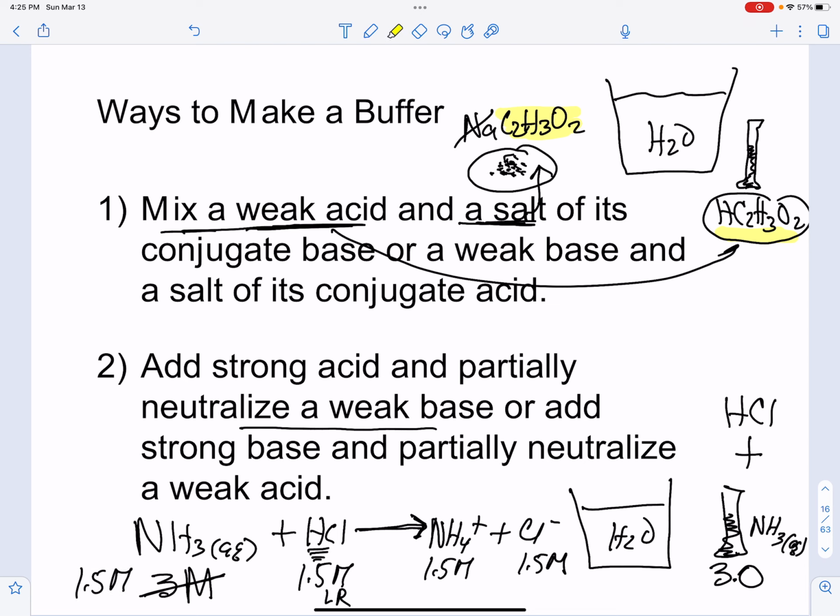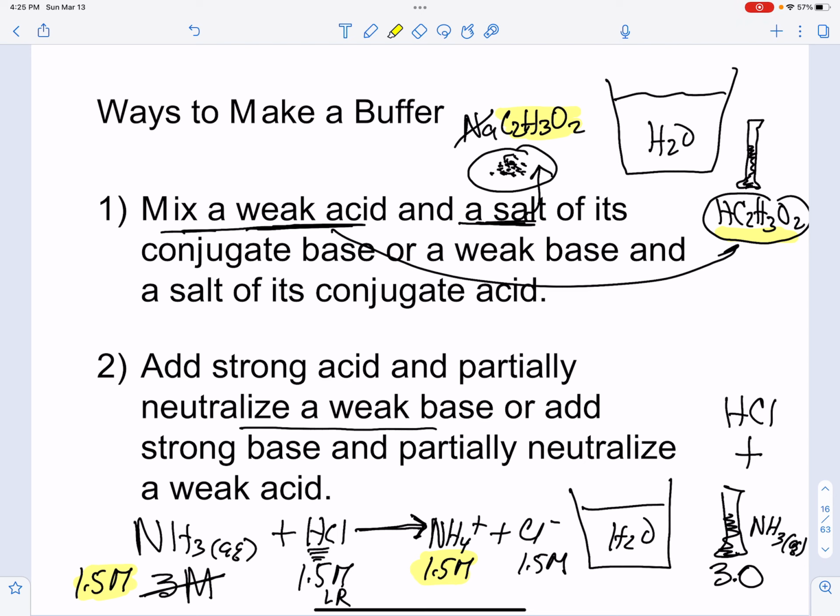So you're going to have your base and your conjugate acid in equal amounts, and both of them are present, so you just built a buffer system. You can do the same with a weak acid and a strong base, consuming some of this, making it into the conjugate. So those are the two possible ways for you to build a buffer.